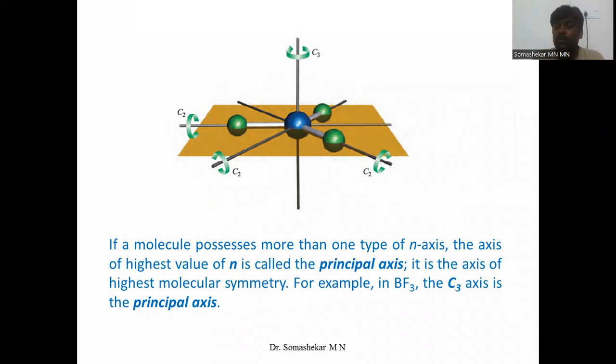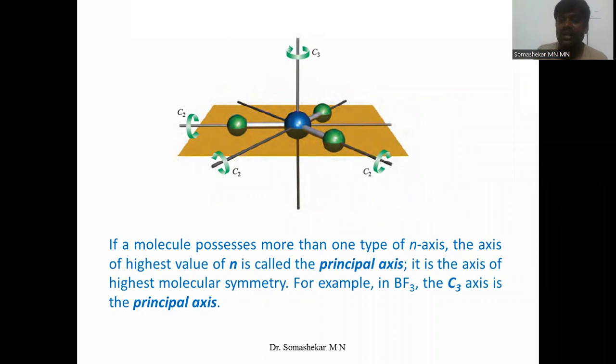If a molecule possesses more than one type of n axis, the axis of highest value of n is called the principal axis. It is the axis of highest molecular symmetry. For example, in BF3, we have C3, as we just discussed. C3 is the principal axis. Apart from this C3, we have other axes also.